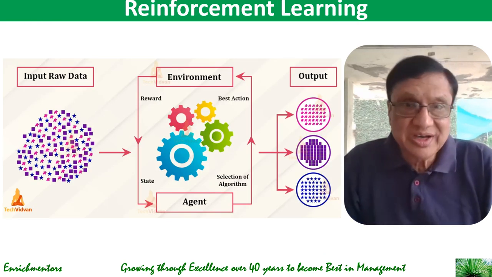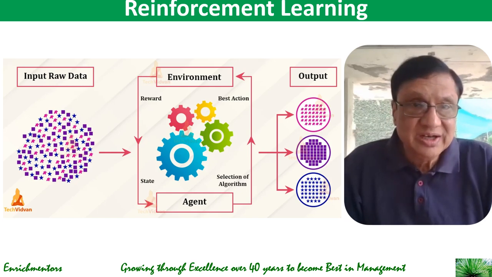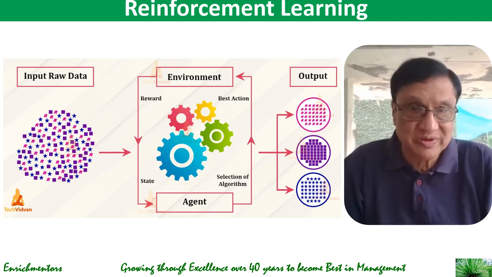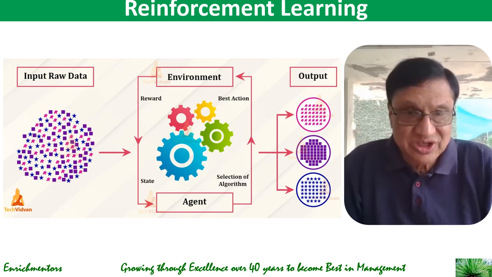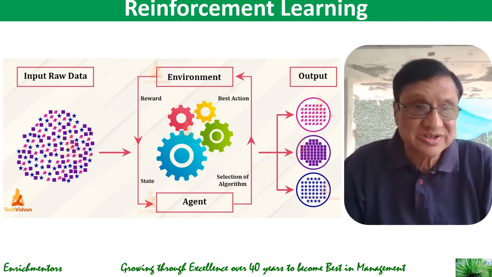The third one is reinforcement learning, where the learning agent interacts with the environment and learns to take actions to maximize cumulative rewards over a period of time, as you see. So there is input raw data, there is an environment, and there is output, and there is an agent who gets rewarded based on the actions he takes.